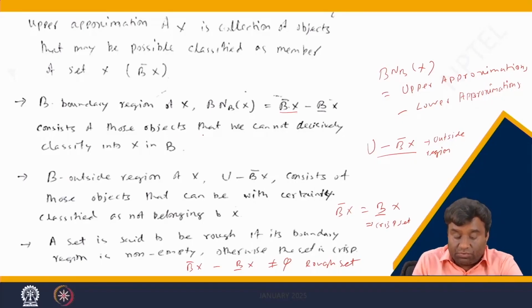So this consists of those objects that we cannot decisively classify into X in B.